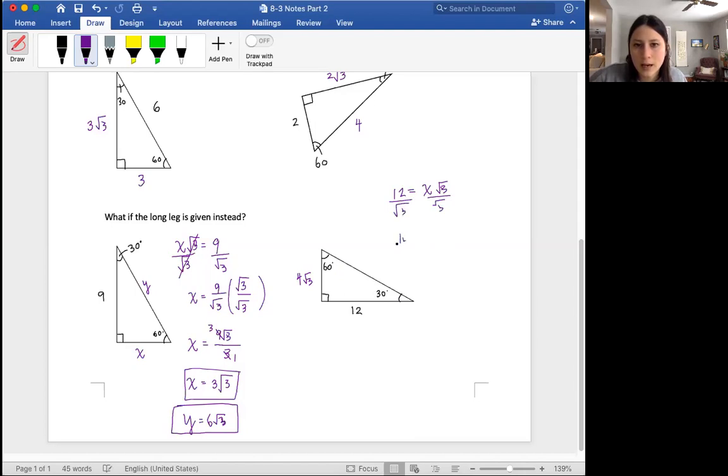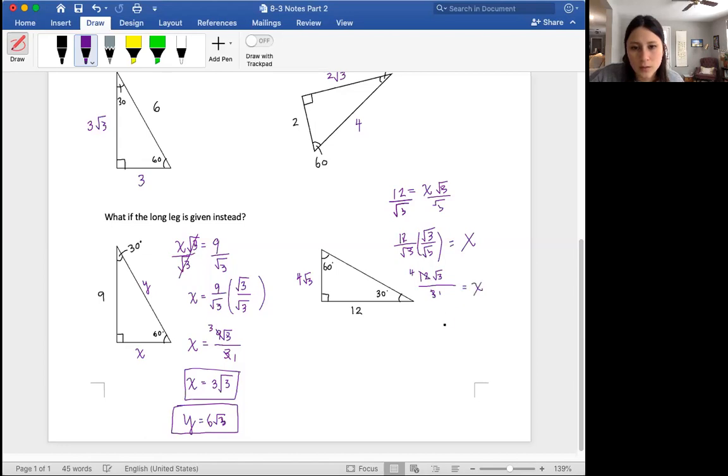My pen is not writing great. Then square root of 3 times square root of 3 on both sides equals x. And when I multiply it out, I have 12 times square root of 3 over 3. 12 divided by 3 is 4.